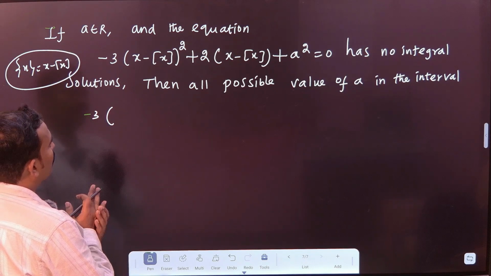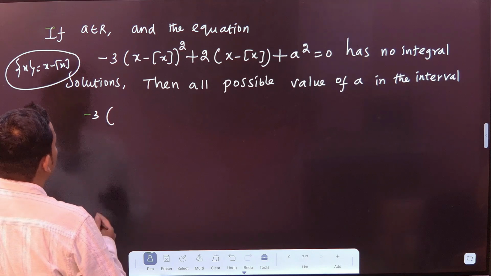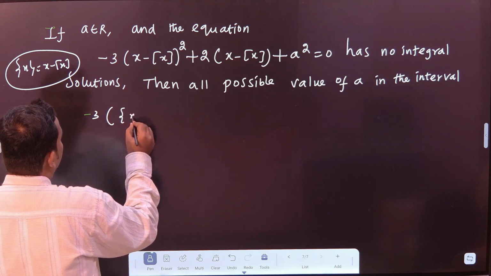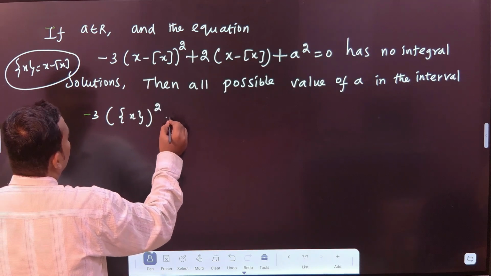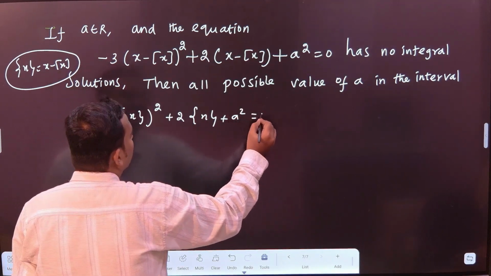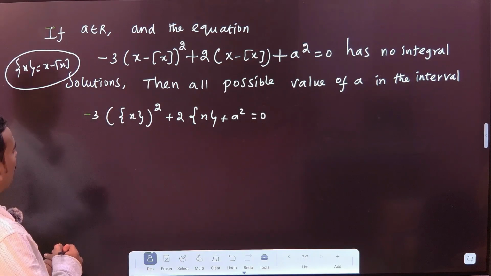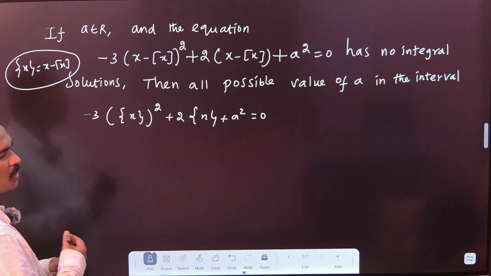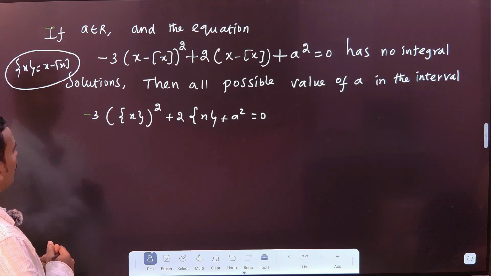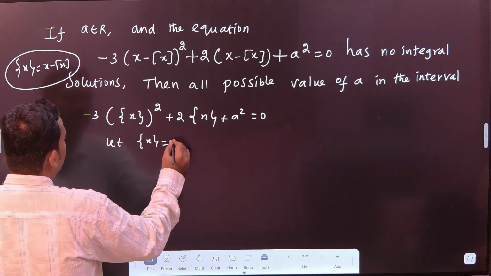So which way can we do this question? Let us take the fractional part function, whole square, plus 2 times the fractional part function, plus a square is equal to 0. Okay, you can see, student, you can solve this as a quadratic equation. Let us take the fractional part function as t.